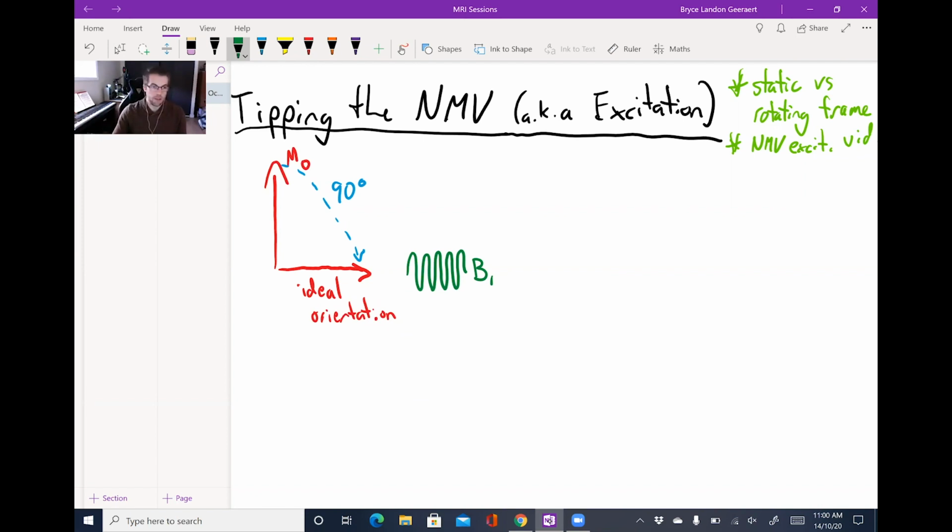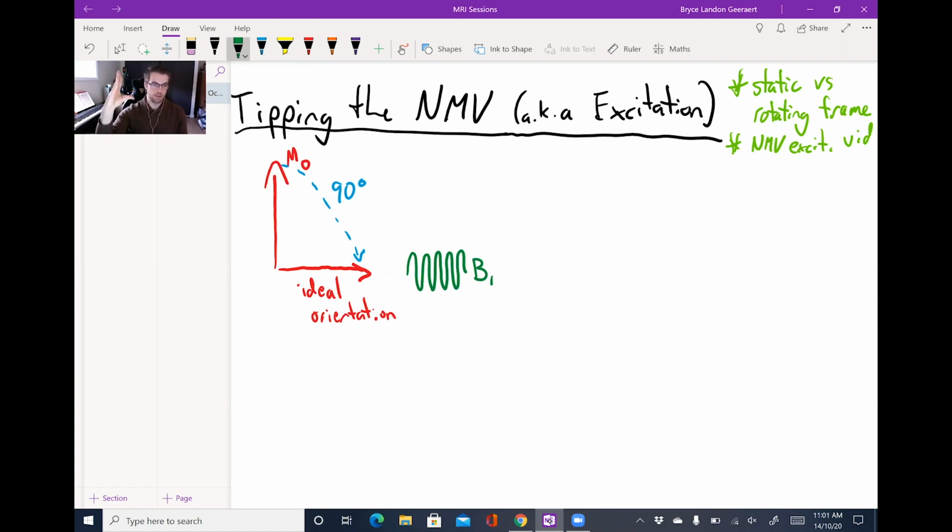Now, back to the right-hand rule, if, again, up and down in my camera is the vertical orientation with B0, we have the net magnetization vector, which is represented by my fingers here. So it's oriented vertically, and then we've got the B1 field being applied, which is my thumb. So I've got my thumb here, which is the B1 field orientation.